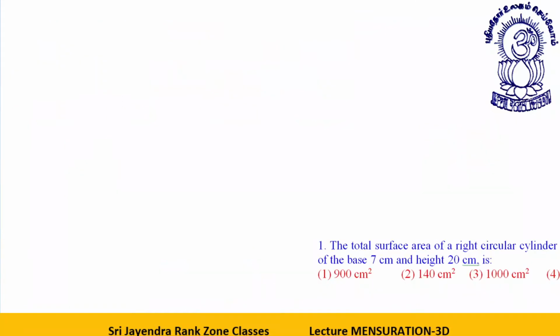The total surface area of a right circular cylinder with radius of base 7 centimeter, height 20 centimeter is, see, what is the total surface area of a right circular cylinder? Total surface area is 2 pi r in the bracket r plus h.